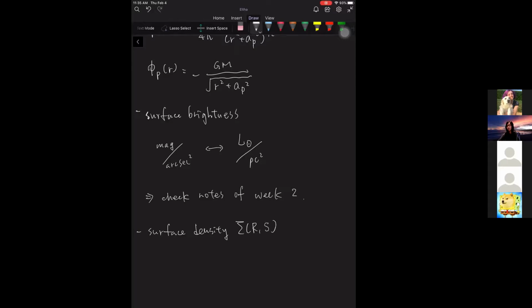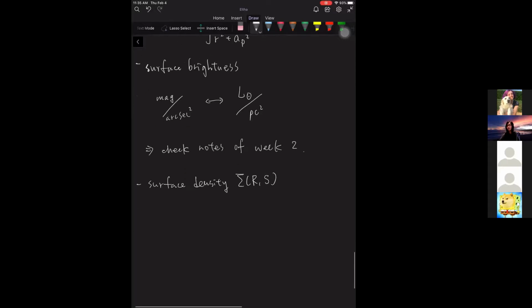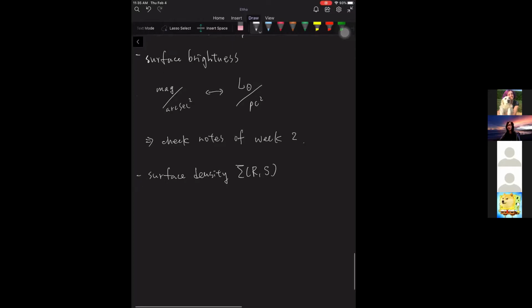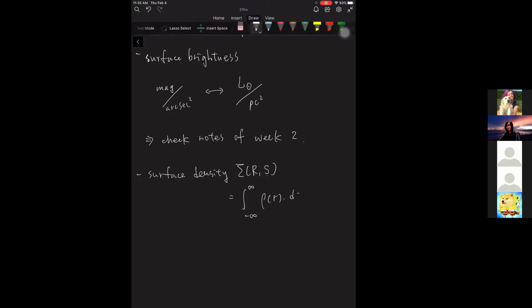Basically, we assume that the spectral type doesn't change anything, I mean, for your homework problem. So you don't need to worry about the S here. The surface density can be calculated as the integral of rho of r times dz.